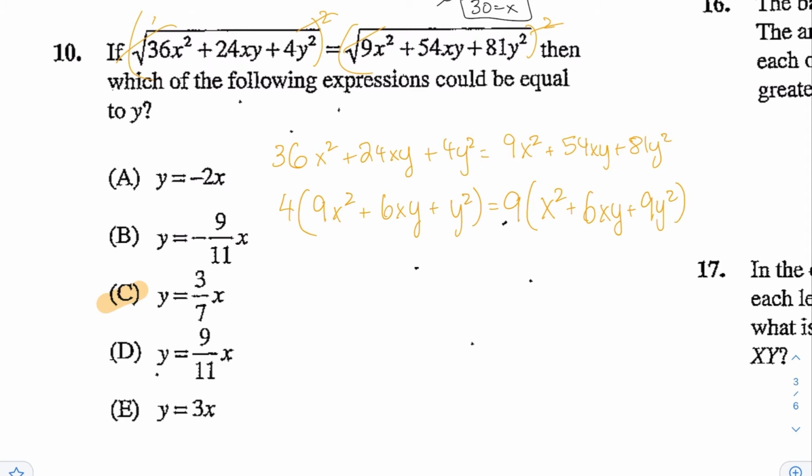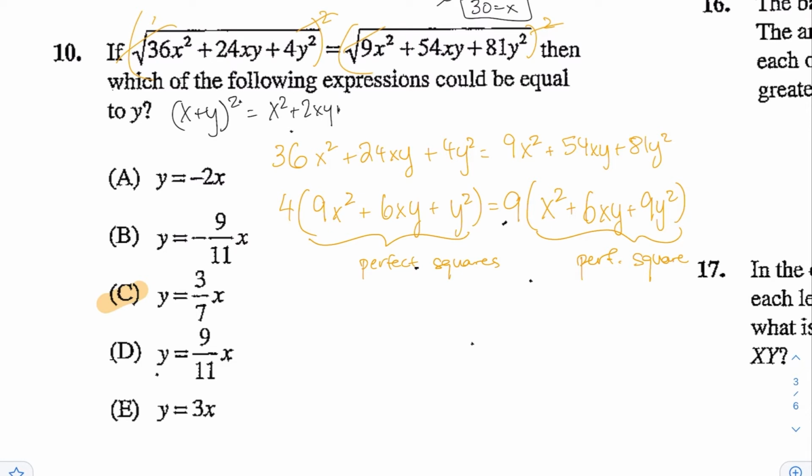Now, the reason you do this is because both of these, the stuff outside the parentheses at least, turn out to be perfect squares. And you have to use the factoring pattern, x plus y squared, which is equal to x squared plus 2xy plus y squared.